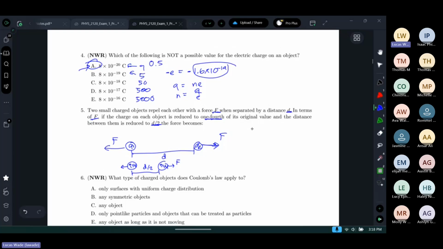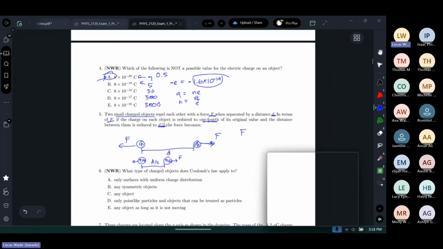So how would I calculate the force in the first part? Coulomb's law? Yes, they're small charged objects. Point charge would be a little bit more explicit about it, but they're saying that they can be treated as point charges, little compact amounts of charge. So Coulomb's law is k Q1 Q2 over, in this case, D squared is the distance.